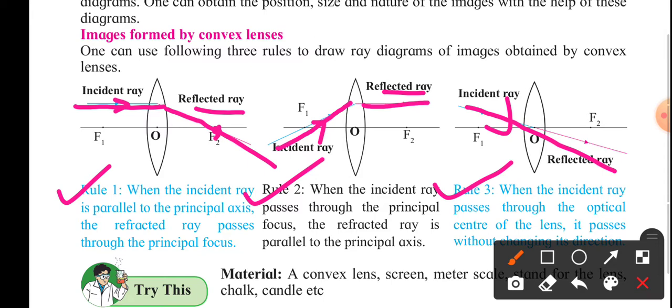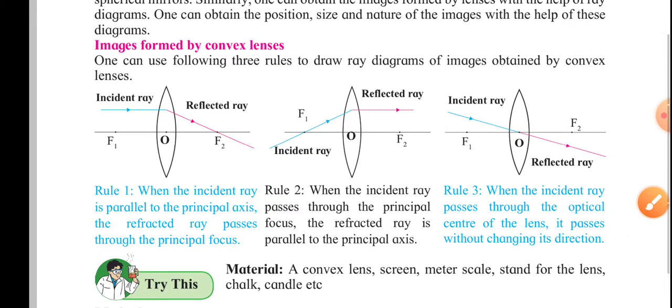The second rule says that if the incident ray is going through the principal focus, then the refracted ray will go parallel to the principal axis. In the third rule, if the incident ray passes through the optical center, then it will go in a straight line without any deviation.